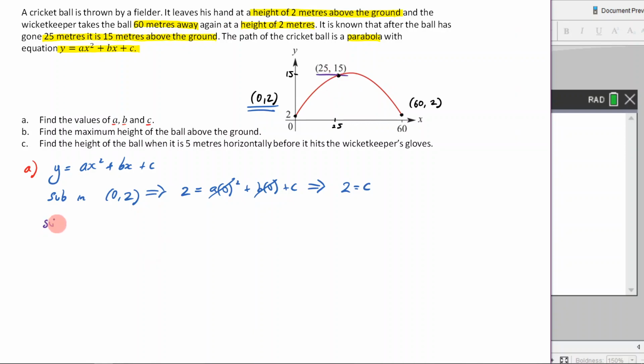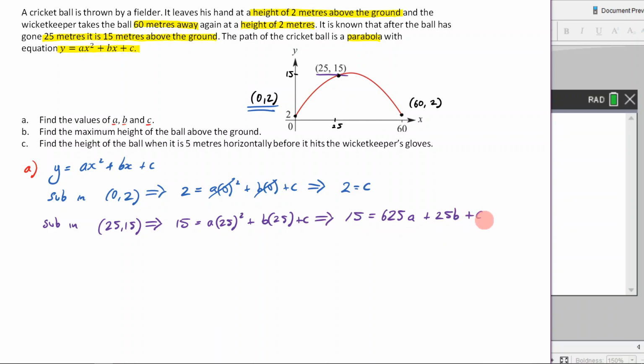So I'm going to sub in 25 and 15. That's going to be a 15 in my y spot. A 25 squared plus B 25 plus C. So after all is said and done here, I'm going to get 15 is equal to, now 25 squared is 625, 625A, then plus 25B, and then I know what C is.